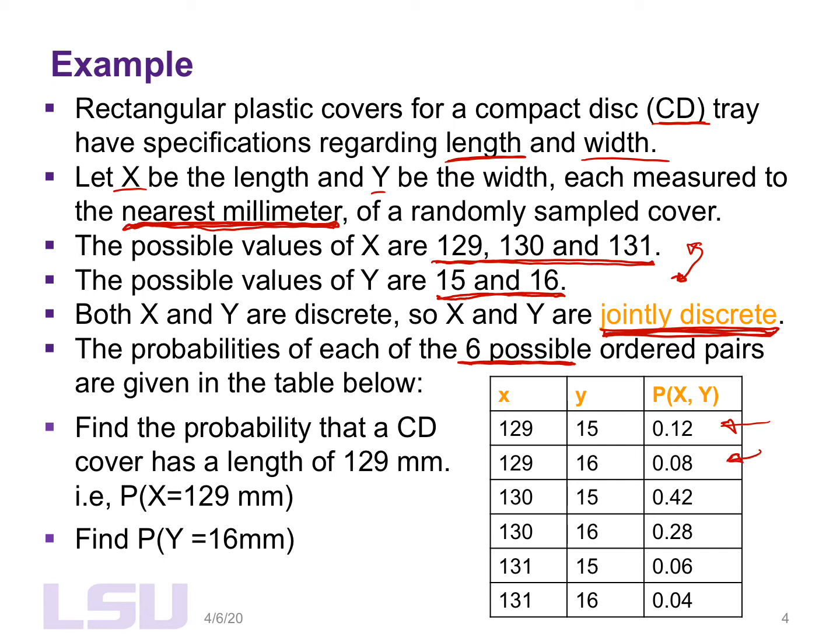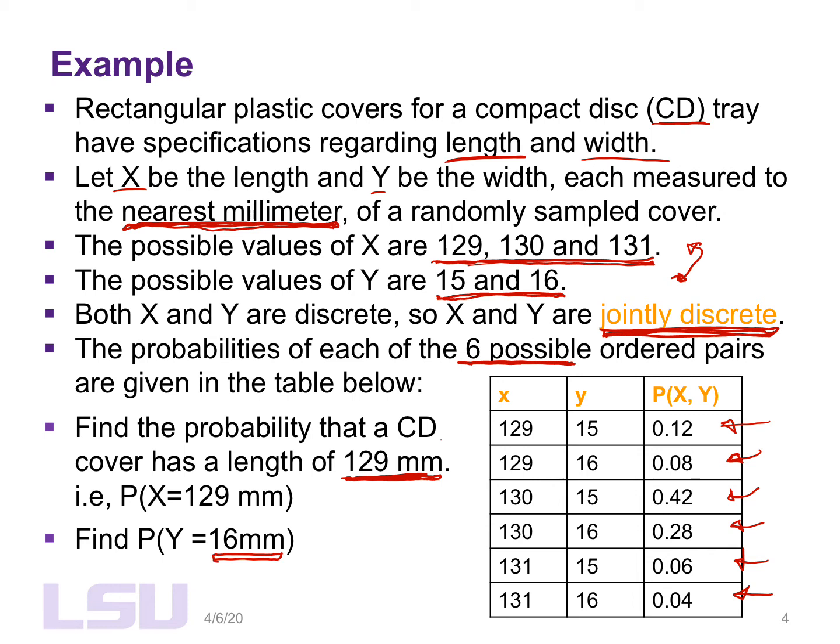And we're given each of the joint probabilities for all possible combinations of these three lengths and these two widths. The question is, find the probability that a CD cover has length 129 millimeters. Second question is find the probability that it has a width of 16.